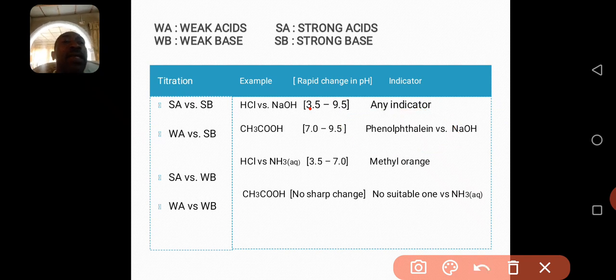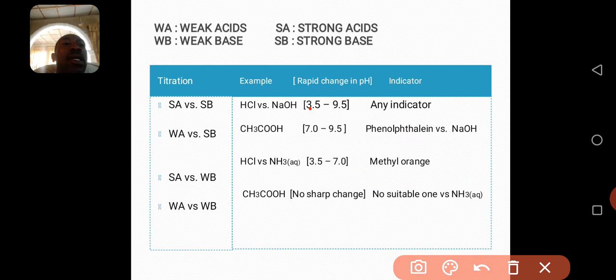Then if we are titrating a strong acid against a weak base, for example, hydrochloric acid versus aqueous ammonia, hydrochloric acid is a strong acid, aqueous ammonia is a weak base, then we use methyl orange for that.